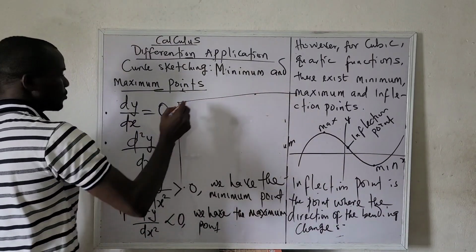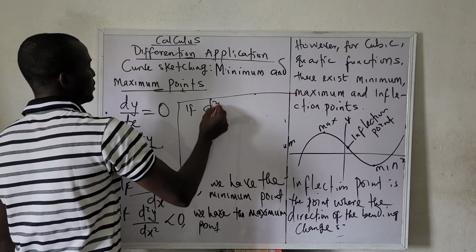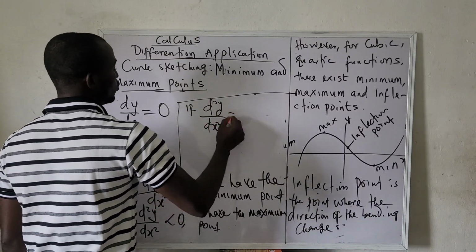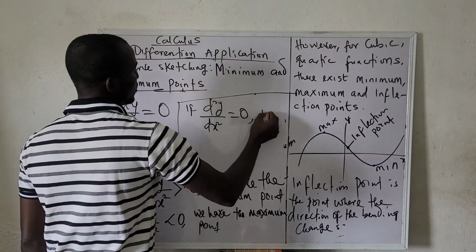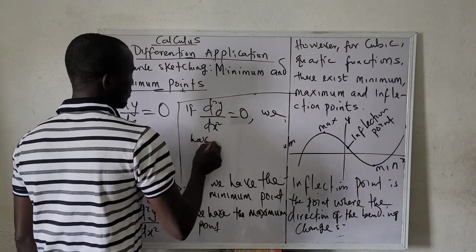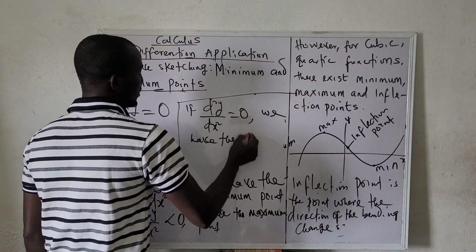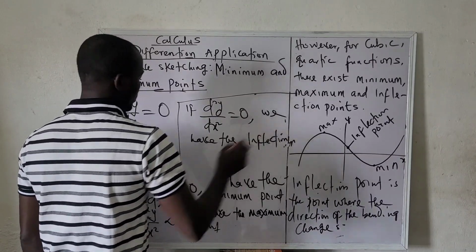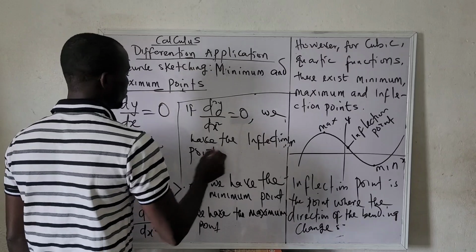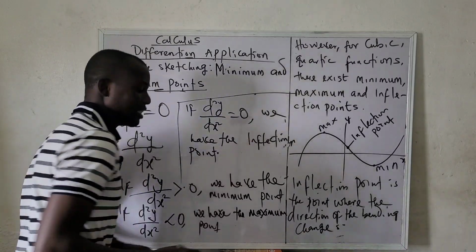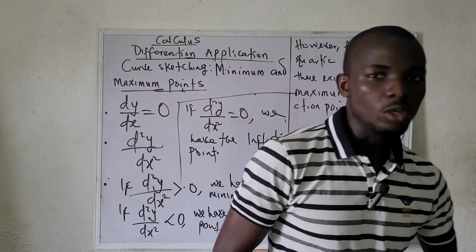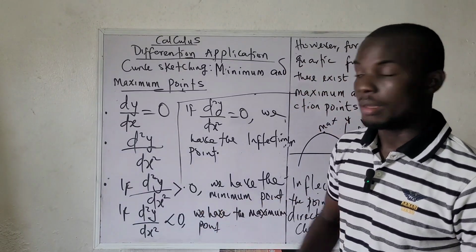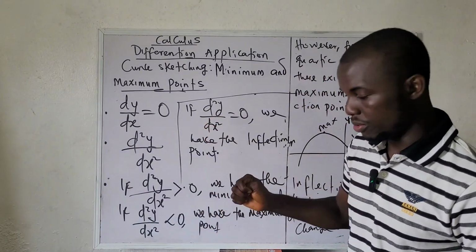And then if you get this to be equal to 0, we have the inflection point. So that is how to determine the minimum and maximum points.